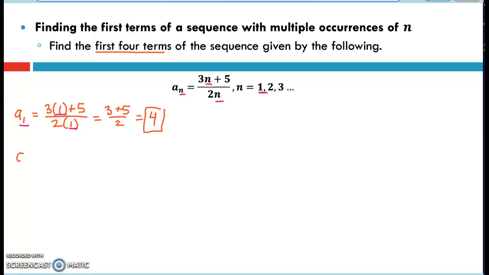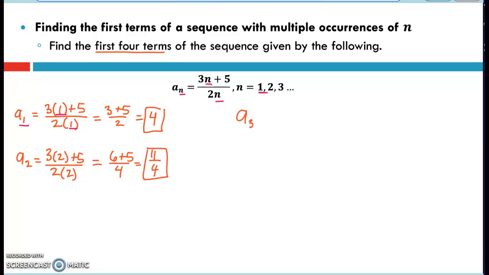Okay, so now the second term, a sub 2, my n is now 2, I have 3 times 2 plus 5 over 2 times n, which is still 2 here. So I get a 6 plus 5 over 4, which is 11 fourths. So that's my second term.